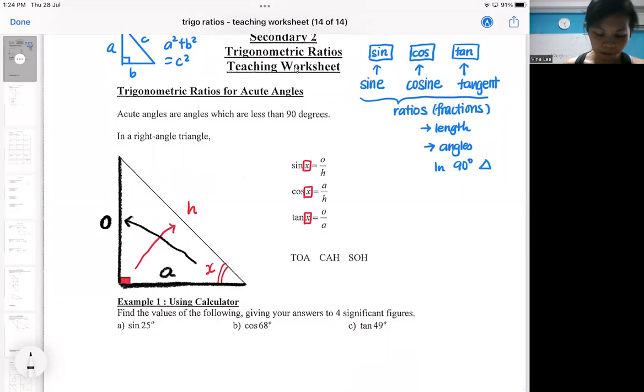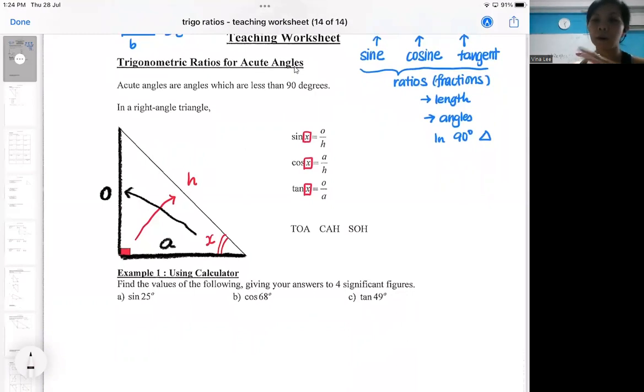Unlike Pythagoras theorem, where you can label your A and B anything that you like, right now I have to label according to the position. O stands for opposite the angle. A stands for adjacent to the angle. Adjacent means it is side by side with the angle.